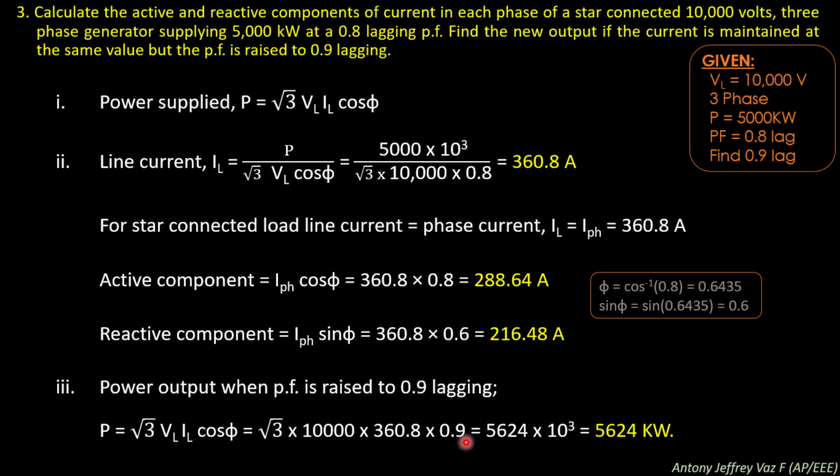Here you need to use the new power factor to determine the power output value. You should not use the power factor which is given to find the other parameters of the system. So the new power factor value is 0.9. So your power output is 5624 kilowatt.